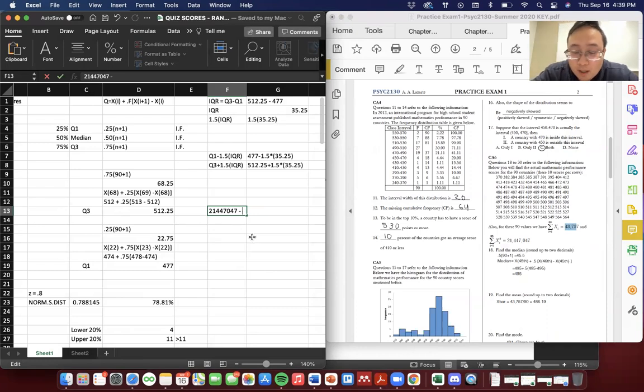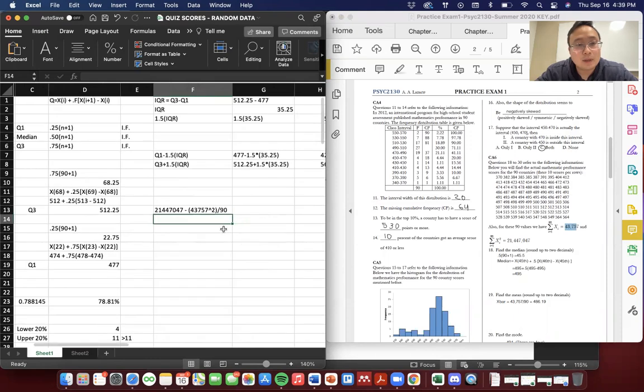Minus parentheses 43757. We're going to square that and then divide that by n, which is 90. There's 90 of them, 90 data points. I can read that, right? Yeah, I can read that. Okay.